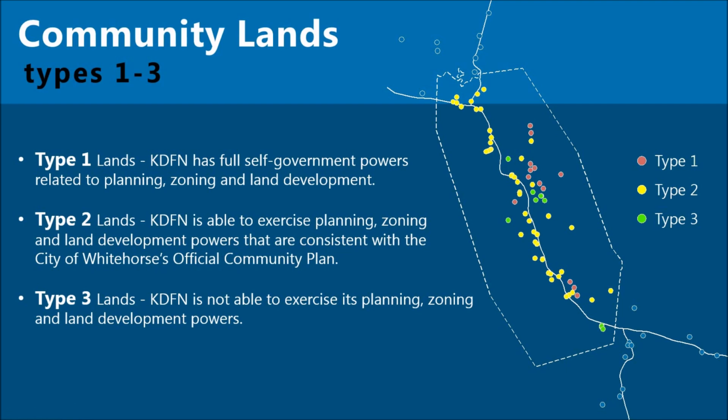Your type 3 lands are those lands that you have least authority on, and type 2 lands then become kind of an in-between classification where Kwalendon has some powers as long as they're consistent with the Whitehorse official community plan. So Kwalendon has 15 Type 1 parcels, 61 Type 2, and 15 Type 3. So the majority of Kwalendon community lands then are Type 2.